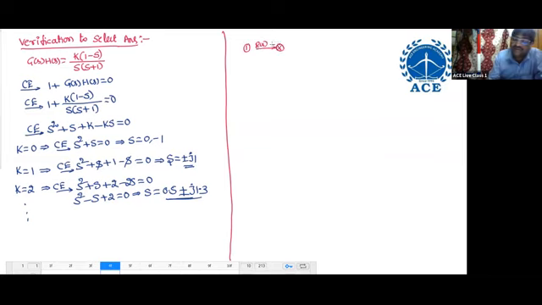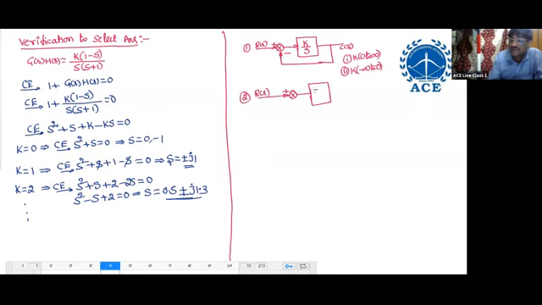R of S, summing point with negative feedback, K by S, C of S. First case K takes 0 to infinity. Second case K takes minus infinity to 0. Second problem: R of S, plus, minus K by S, C of S, negative. K from 0 to infinity, K from minus infinity to 0.